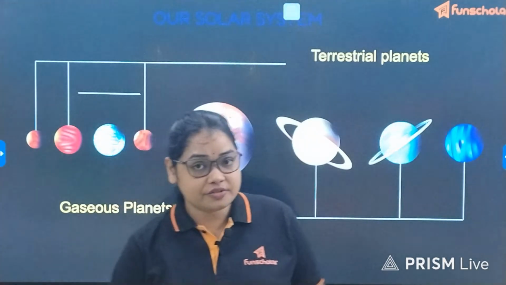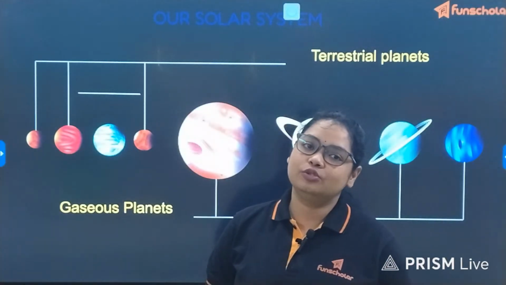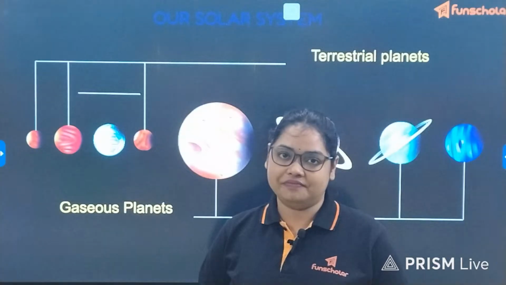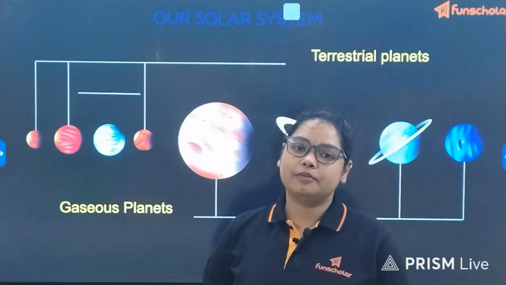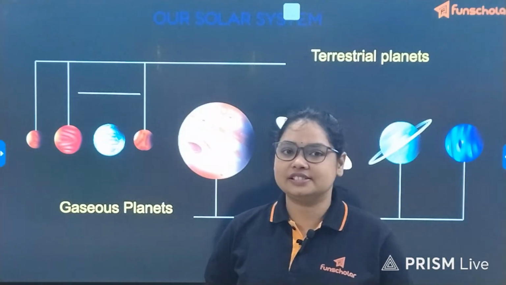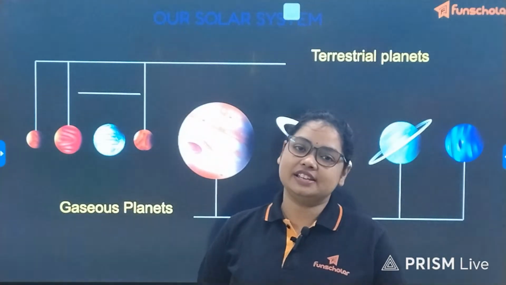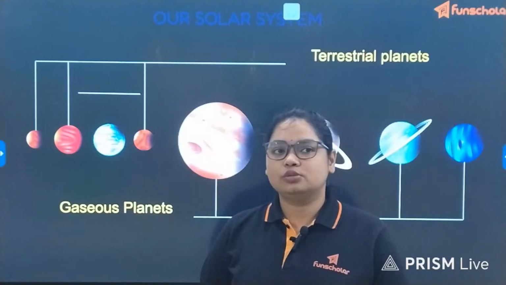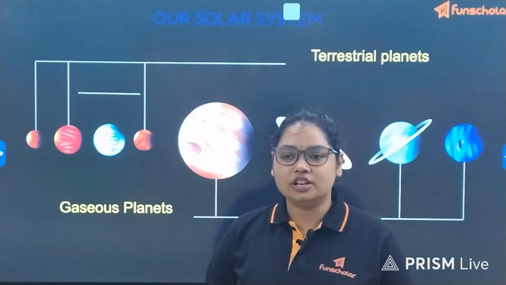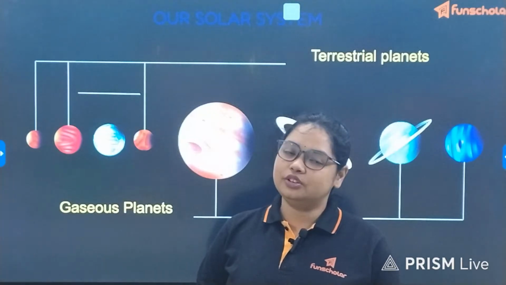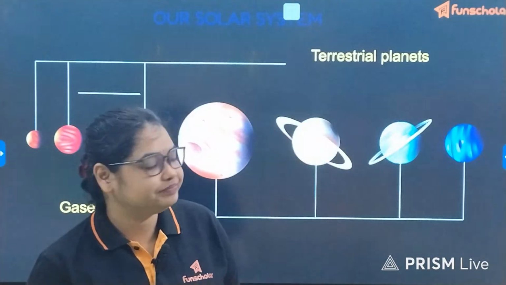But it is more interesting to go deeper and know the details, especially of some of the planets which have unique properties, such as the rings of Saturn and the largest size of Jupiter. So all these things will enthrall us more as we know about them.